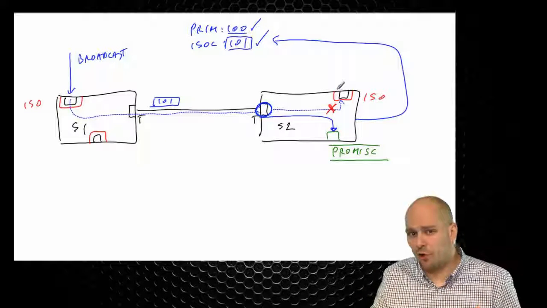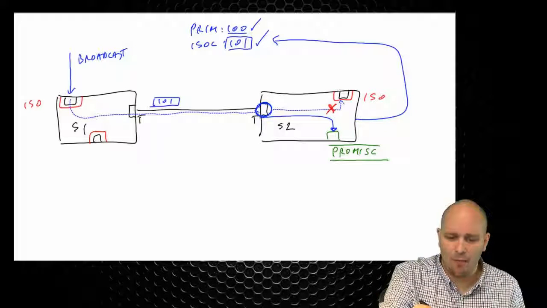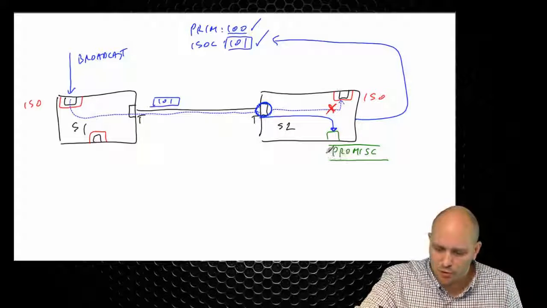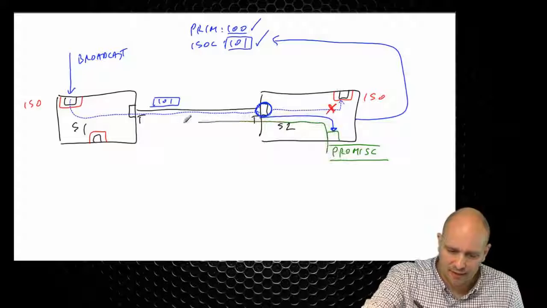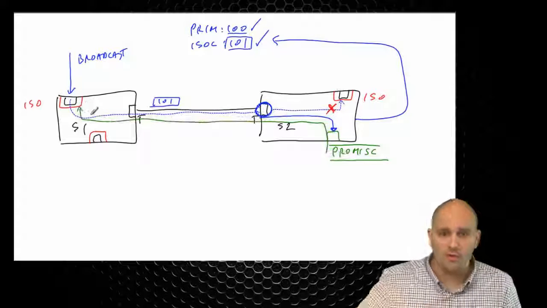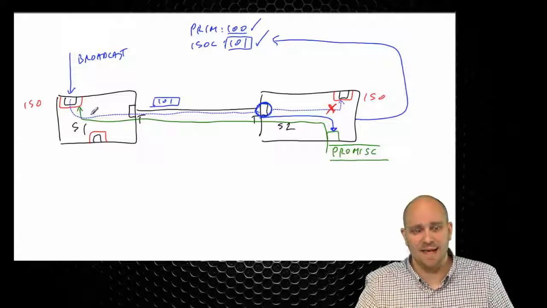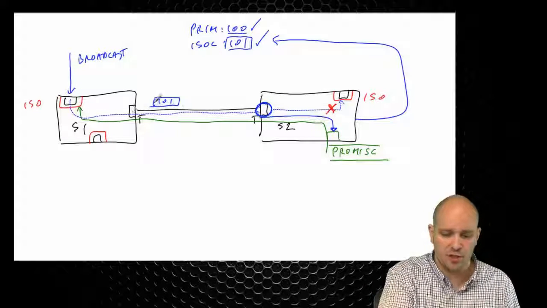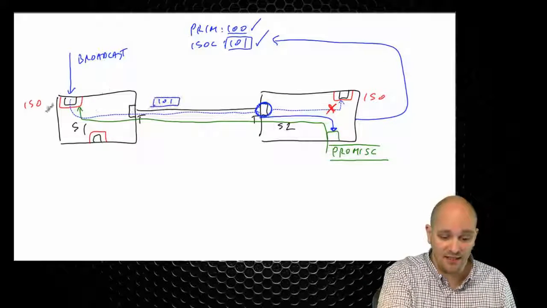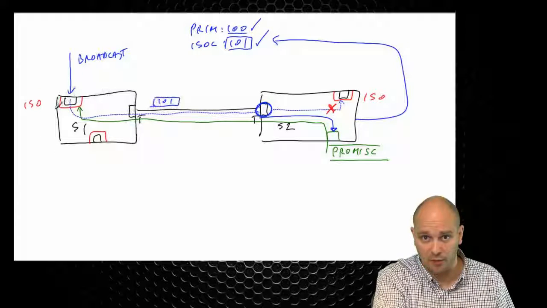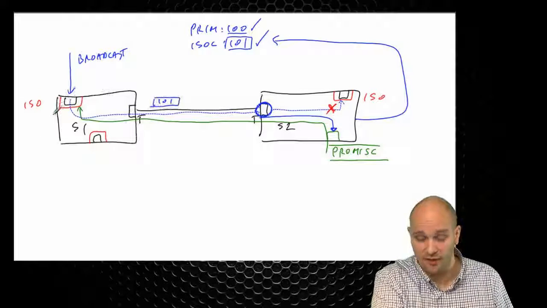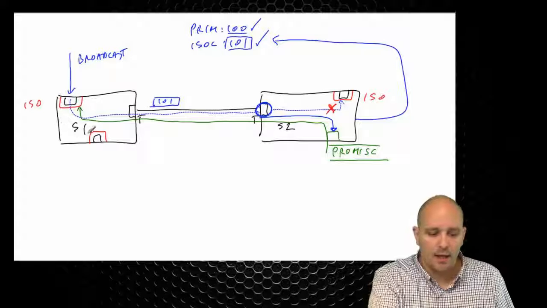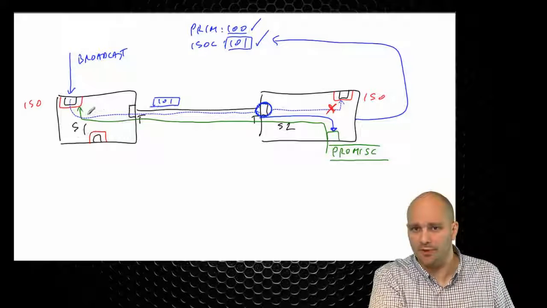But what happens with the return traffic? So let's say that now this promiscuous port needs to send traffic back here. What is going to happen in this case? Because we just learned that if we send this traffic over the switch in VLAN 101, and given that this switch now is configured with 101 as the isolated VLAN, which we know it is, this switch will drop the traffic.